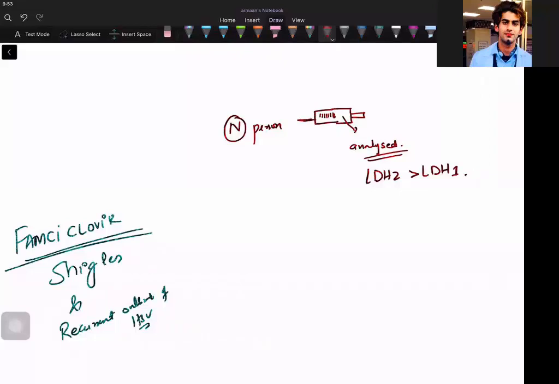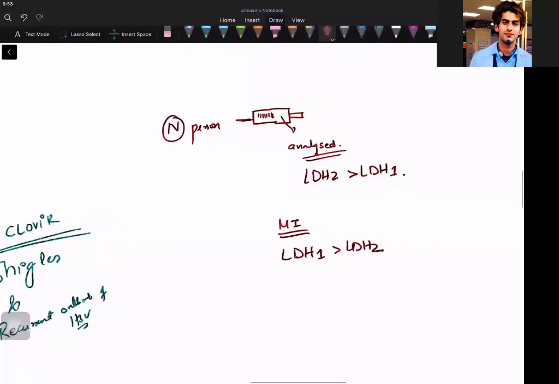I check his blood. I see that LDH1 has gone up like this. The ratio has turned like this. This concept is called flipping of ratio. So this is flipped ratio.